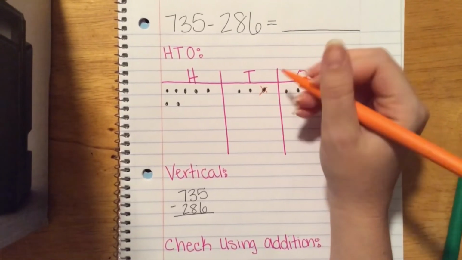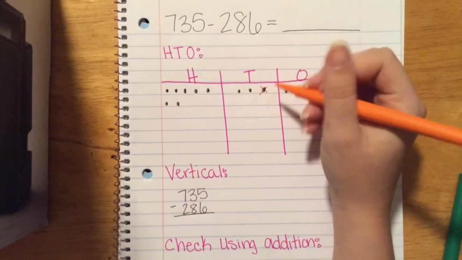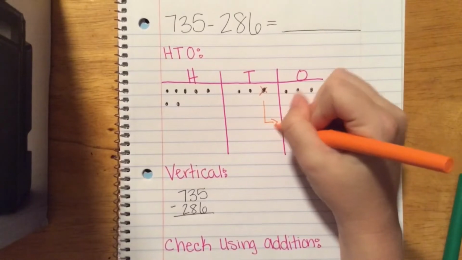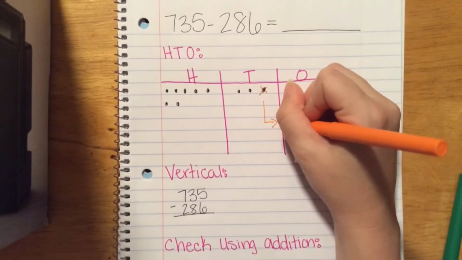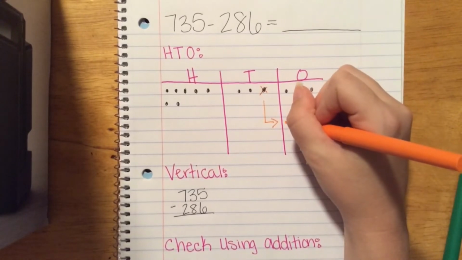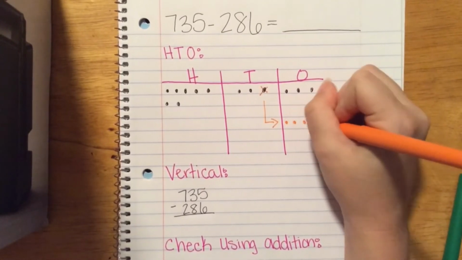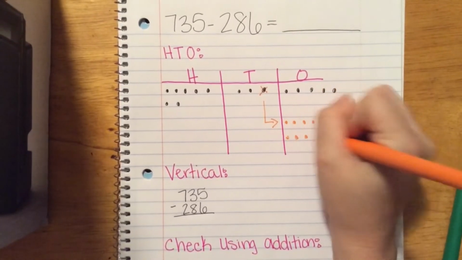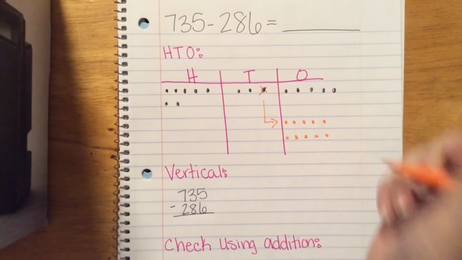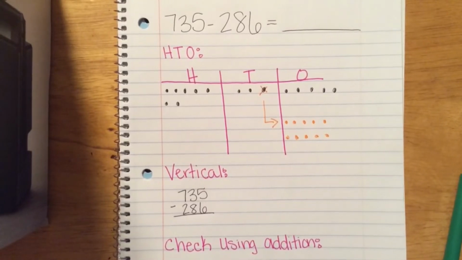That's why I drew an X through this 10 right here, and we will draw an arrow to show that we are breaking it or decomposing it, and I will break that into our 10 ones. 1, 2, 3, 4, 5, 6, 7, 8, 9, 10. Okay, now we have more than enough to work with.